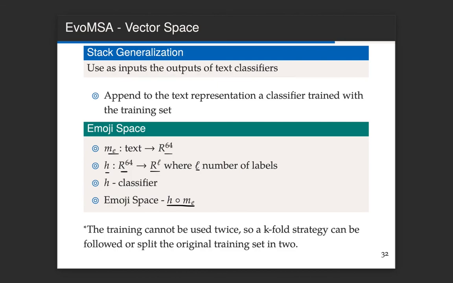So in order to apply stack generalization, there are two paths. One is following a K-fold strategy, or you can split the original training set into two. The first one is to train h, and the second one is to train the stack classifier.